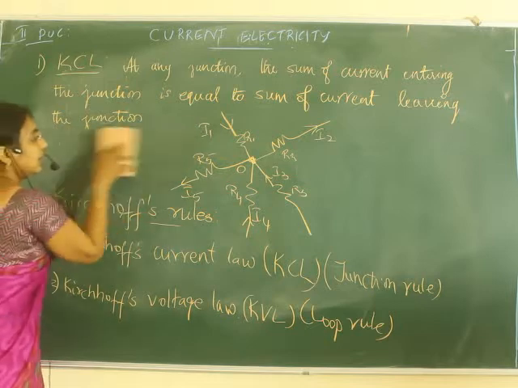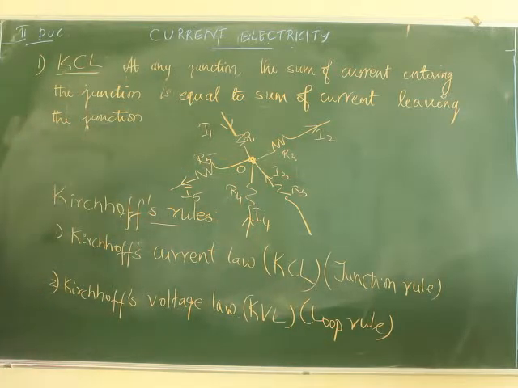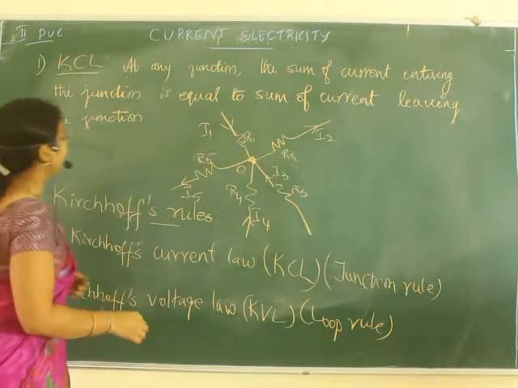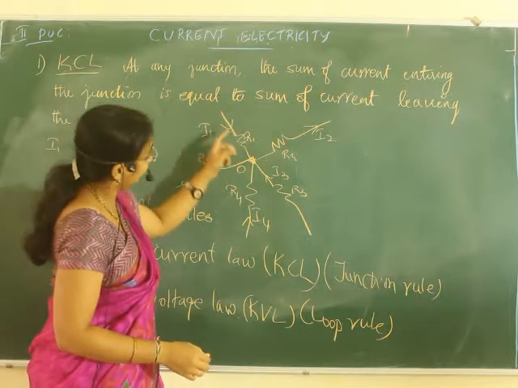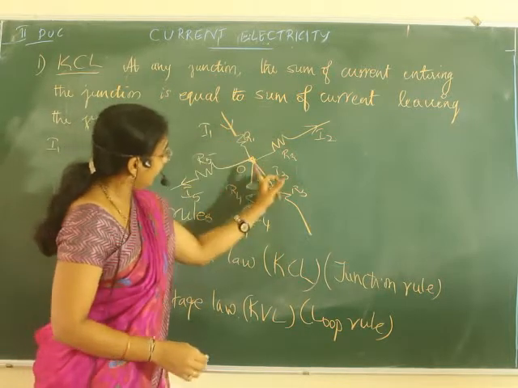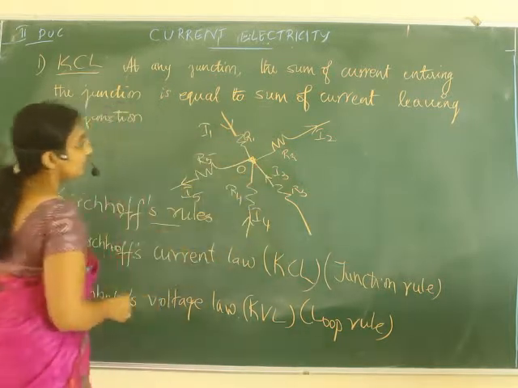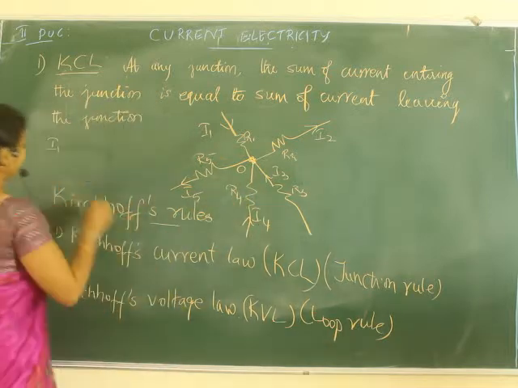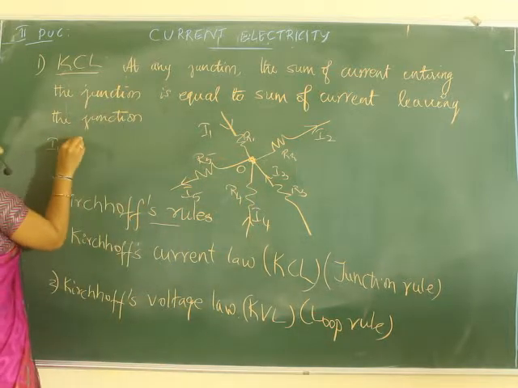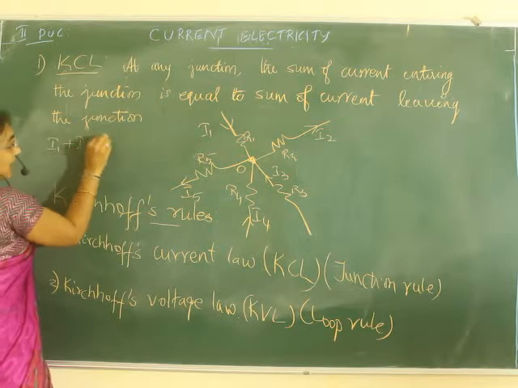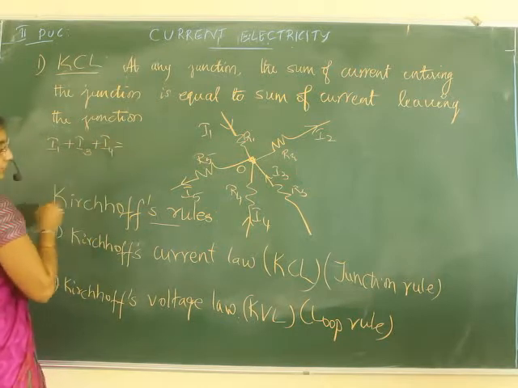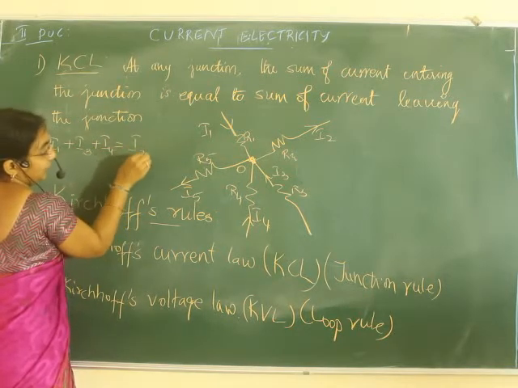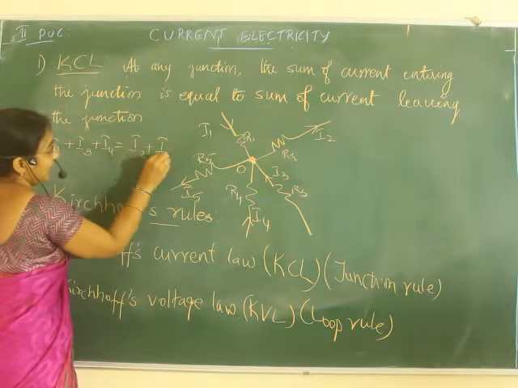Either I can write it like this, or according to the rule itself, if you want to write, what is coming inside, we can take as entering, and leaving. We'll write entering together: I1, I3 and I4. Correct. I1 plus I3 plus I4 is equal to I2 plus I5, correct?